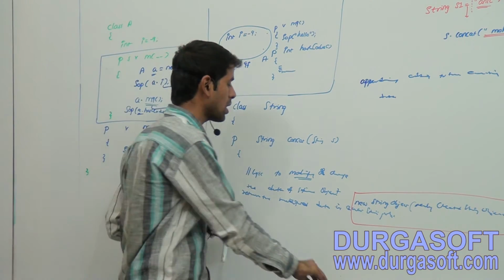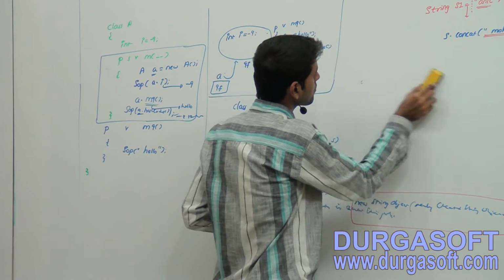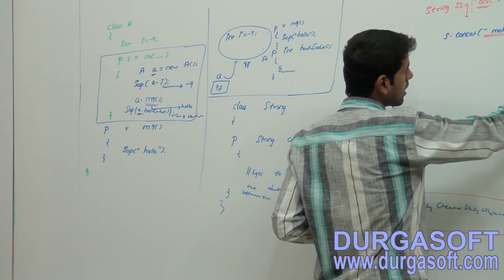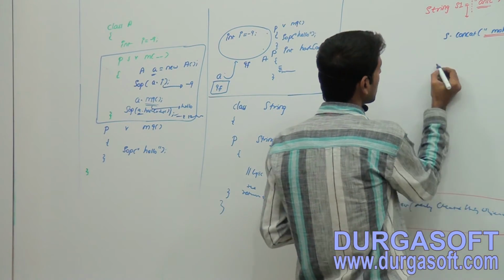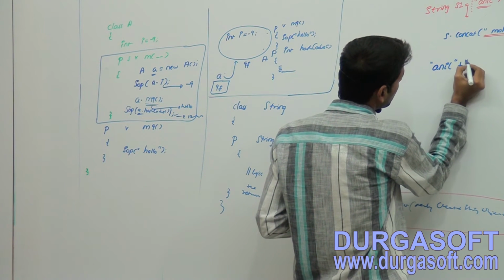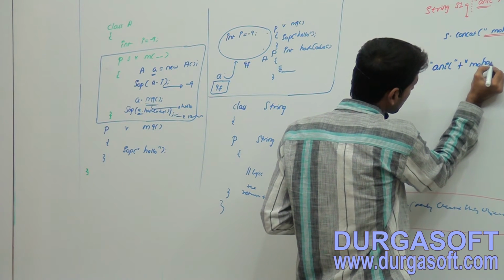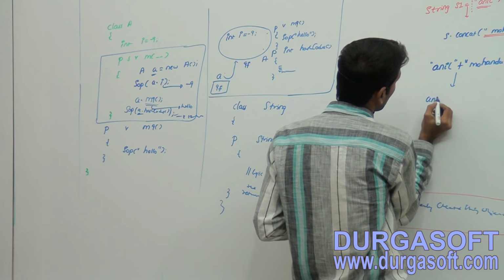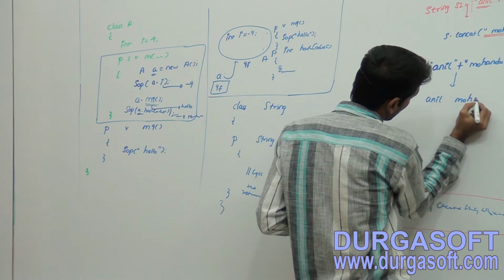Now observe here. What is the S object data? Anil. To that one we have to add Mohandu. Now the resultant will be Anil Mohandu.